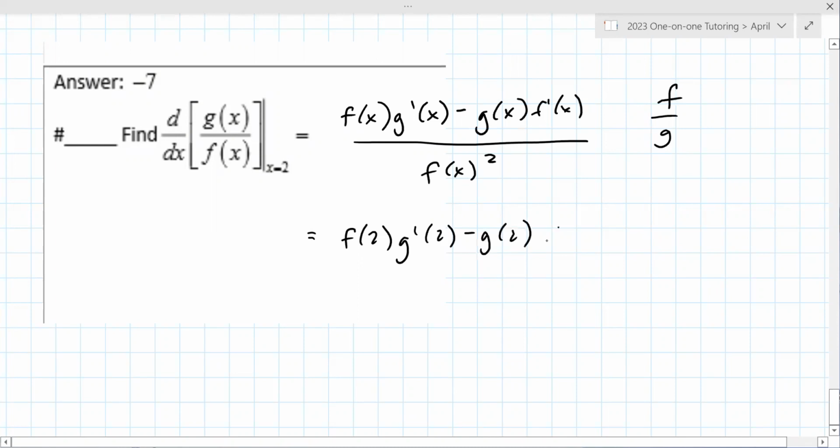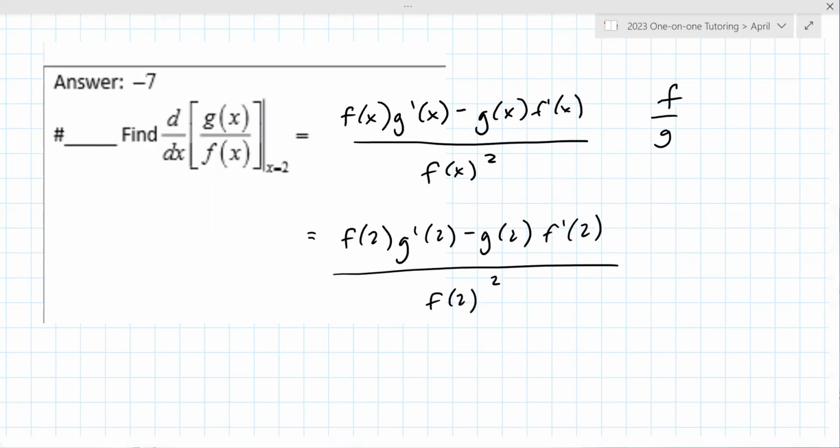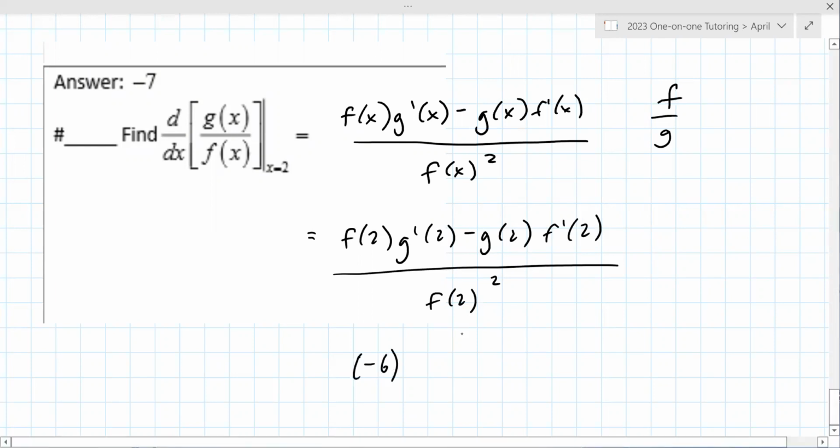Okay. So g prime of 2 equals 5. F of 2 equals -6. G of 2 equals -1/2.